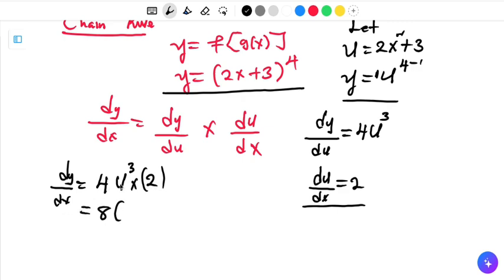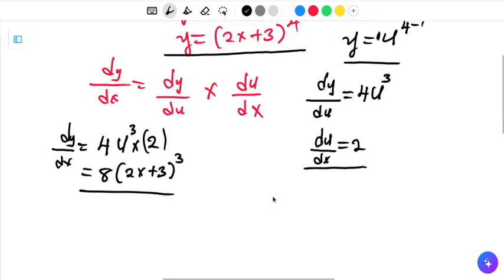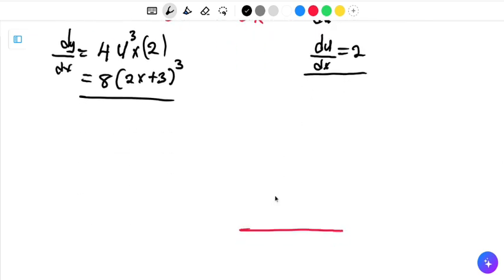And what is our u? Remember, u is equal to 2x plus 3. So 8 times (2x plus 3) to the power 3. This is how you're supposed to answer that question. Okay, so let's see the next rule that you need to know.